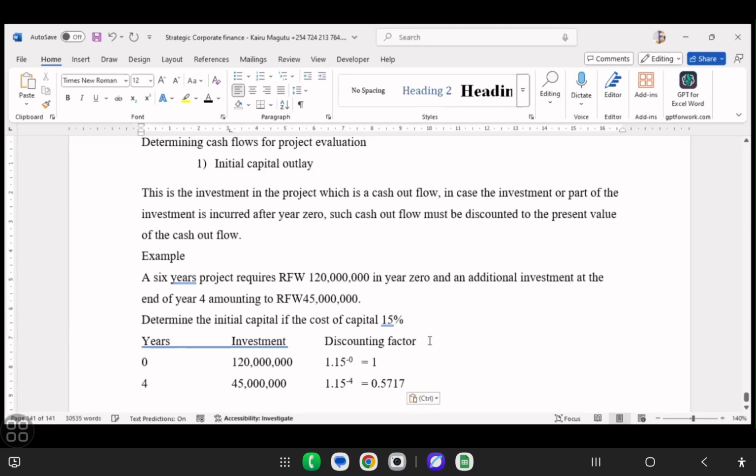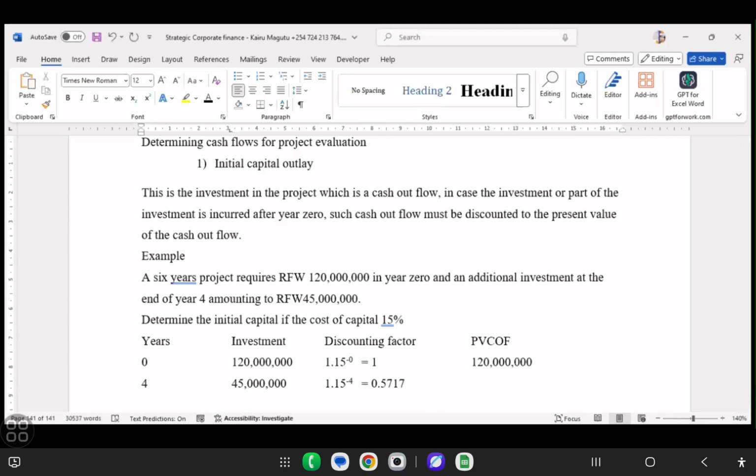Then we say that this is the present value cash outflow. This is 120. How much is the other one? 45 million times 0.5717.